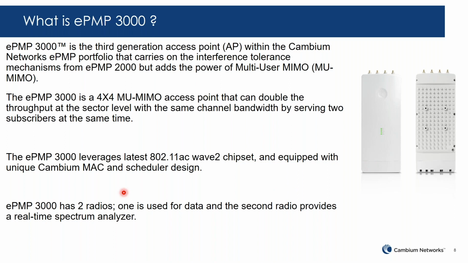within the box. One of the radios is dedicated to data communication, whereas the other radio is a dedicated spectrum analyzer. If any of you attending today's session have already deployed ePMP 1000 and 2000, you will know that whenever you need to conduct a spectrum analysis, you need to bring down the link because you have only one radio.